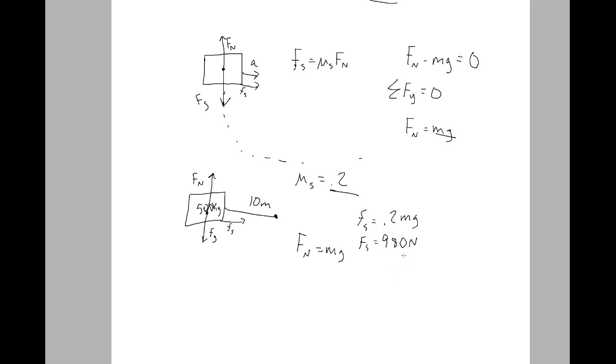Okay? Now, my net force, summation of forces in the x direction, equals my mass times my radial acceleration. Now, I'm wanting to know the max velocity that I can take. So I'm going to go mass times v squared over r. I don't know my velocity. I know my mass and I know my radius. And I know that that has to equal the net force, which is my static friction force.